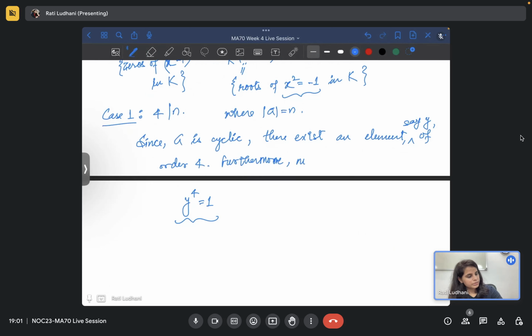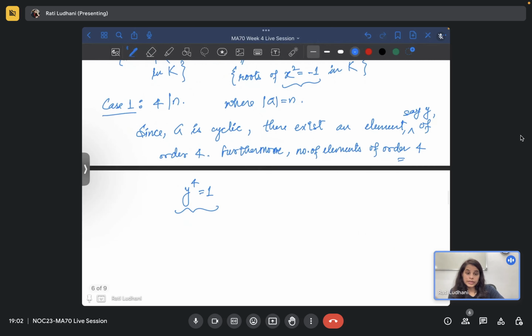So the number of elements of order 4, do you know how many elements will be there in a cyclic group for any order if it divides? Exactly that number. Sorry, at most 4. So at most 4, but it will be phi of that element.